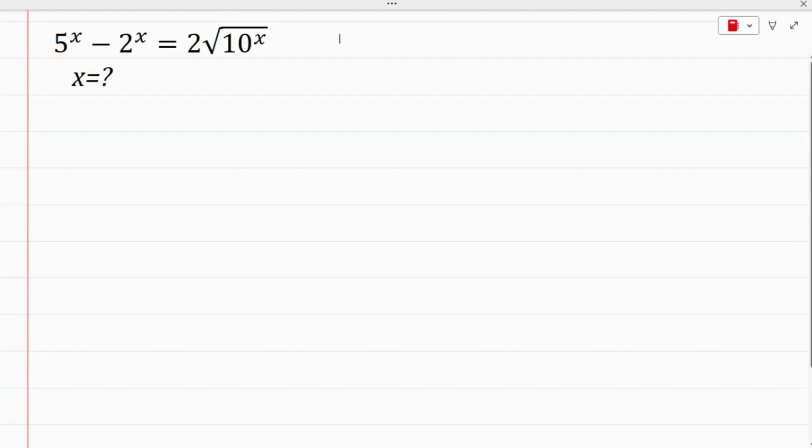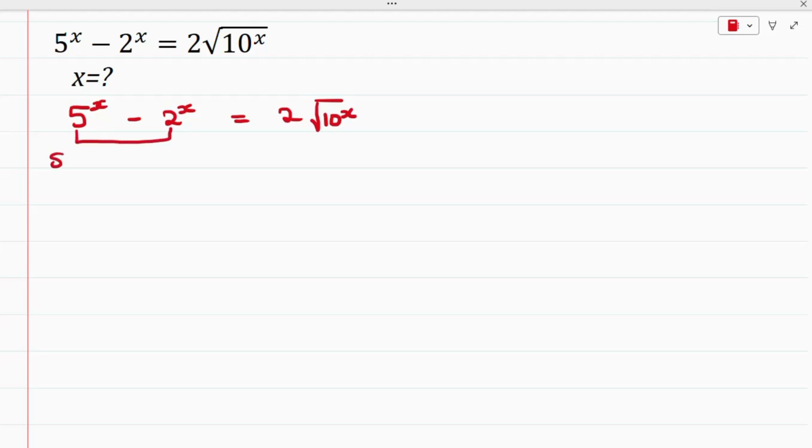Right here guys, we have this nice exponential algebra problem and we are to find the value of x. Now one thing you want to note is that 5 raised to the power of x minus 2 raised to the power of x is equal to 2 square root of 10 raised to the power of x. You want to know that the right hand side of this equation should always be positive, and the left hand side should also be positive.